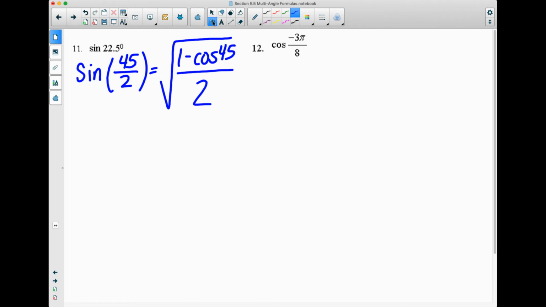Do you know how to finish it off from there? That's a different story. So cosine of 45. Go ahead and reduce that.